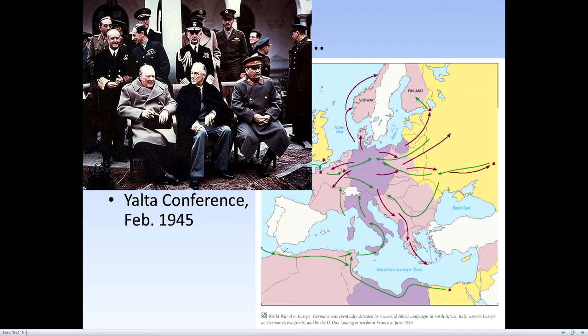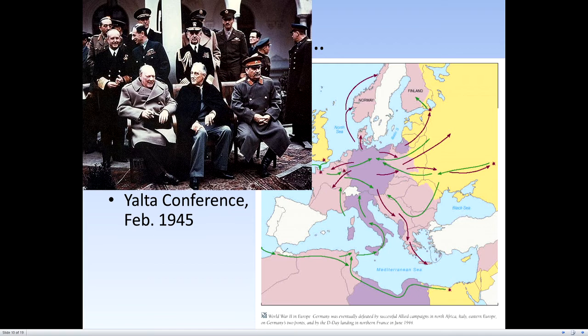And in the midst of this meeting, the major thing that comes out of this historically is where FDR wants the Russians to help with Japan. So they basically tell the Soviets, hey, we would like you to invade Japan as soon as the war in Europe is over. But Joseph Stalin says, I will only do that if you make a promise to me. And the promise is he wanted Eastern Europe.